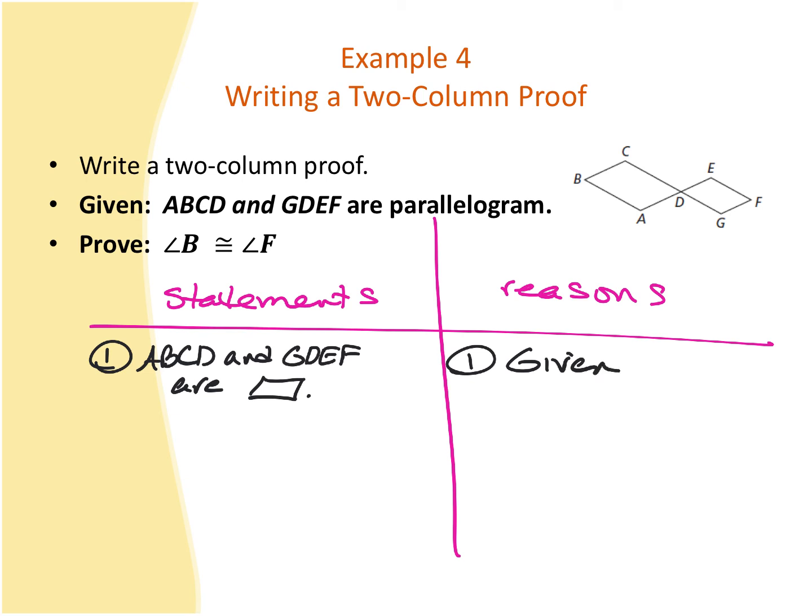So I just learned 4 different theorems or properties about parallelograms. I'm going to be using those as my reasons in my proof. So what I'm going to state here is that angle CDA is congruent to angle B. I have to name it with 3 letters.